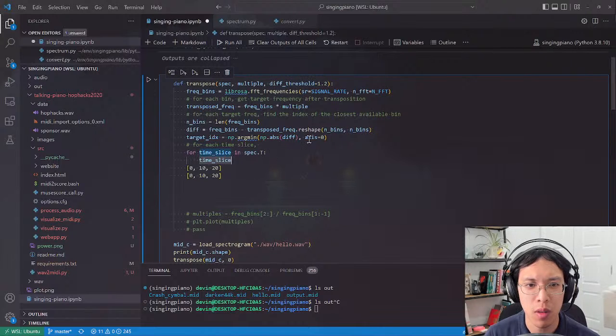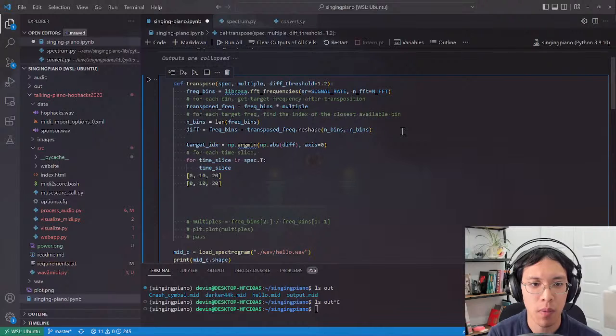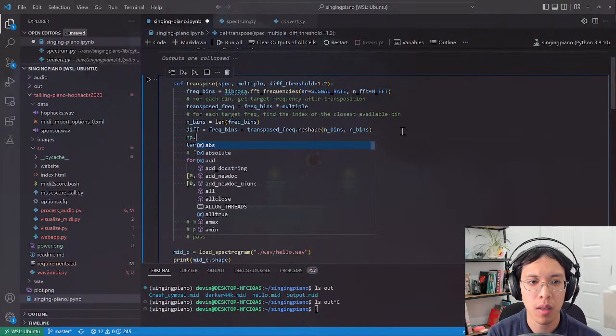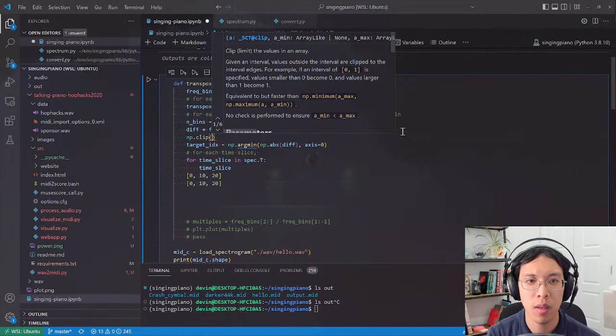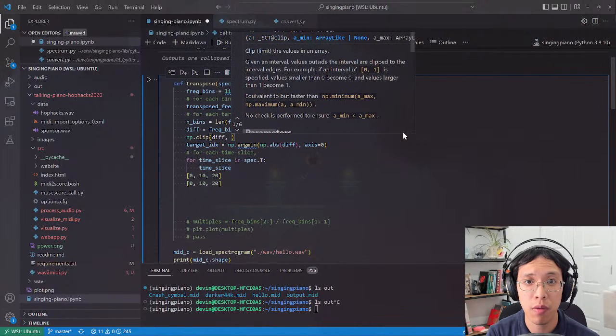That seems reasonable. So basically, if this diff is bigger than that, what we want is to set those difference values to some default. So numpy.clamp, I think we'll do it. Clip. Clip is just a handy function for limiting how big your values can get. So we want to clip diff by a max.